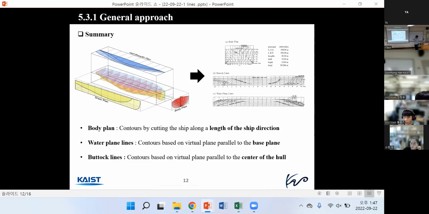This slide is a summary of today's lecture. As you well know, the shape of the ship is three-dimensional, not two-dimensional, so it looks not easy to describe a 3D curved space with 2D lines.